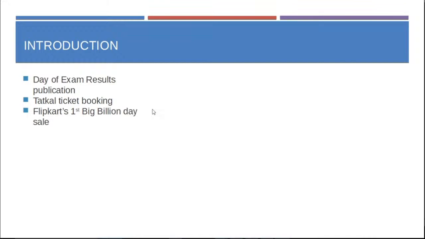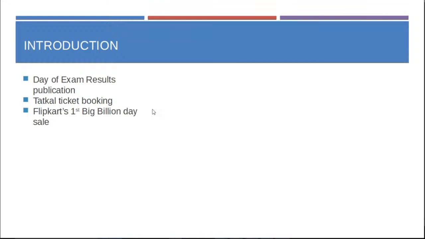Okay. So the day on which my exam results will be published, we were always students, right? We attended schools, we attended colleges, we did either engineering or MCA, or we became graduates, right? But we all gave exams. So the day of the exam, when the results were getting published, that is one point. Next, Tatkal ticket booking.